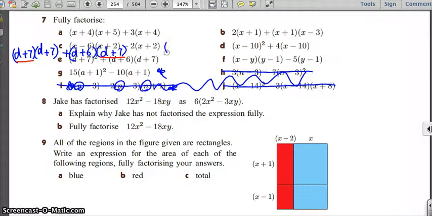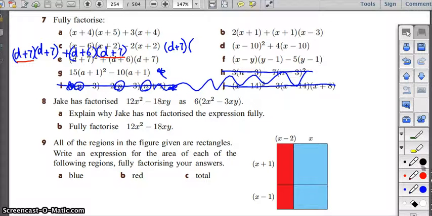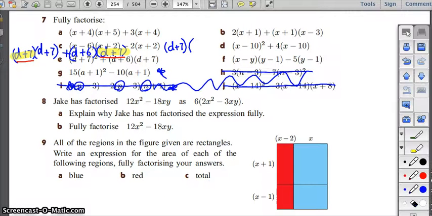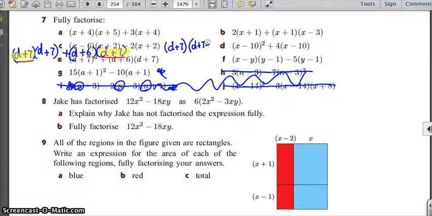So here I'd have d plus 7, and then in the brackets is whatever I've got left over. That's gone, and that's gone. What you have left over is d plus 7 plus d plus 6. d plus d gives me 2d, and 7 plus 6 gives me 13.